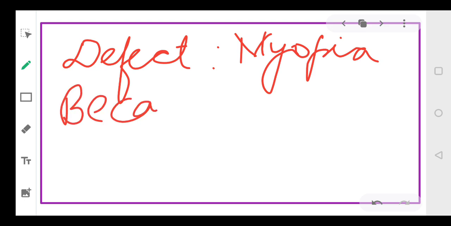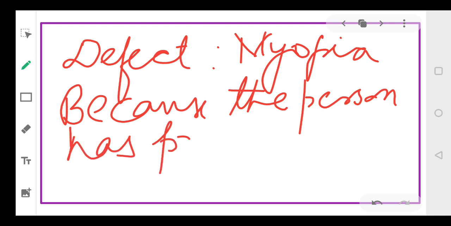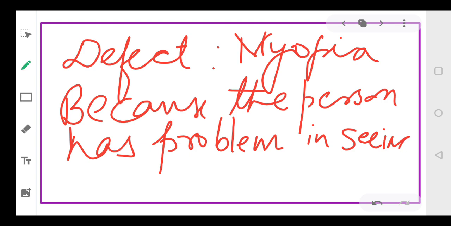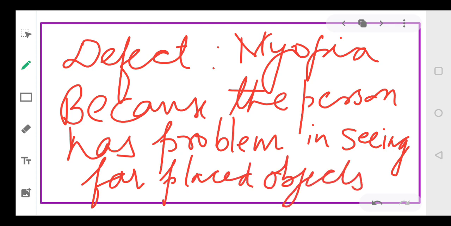Because the person has problem in seeing far placed objects. Okay, the person is having myopia because the person has problem in seeing the far objects.